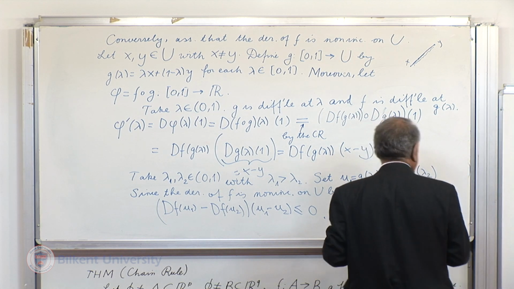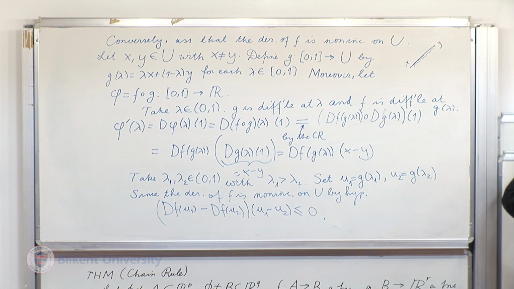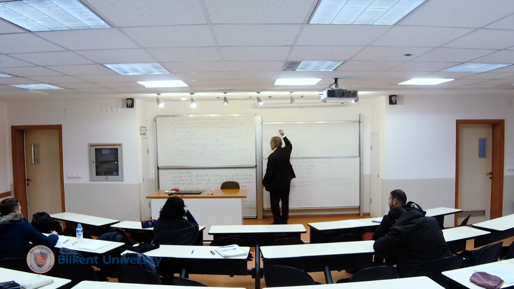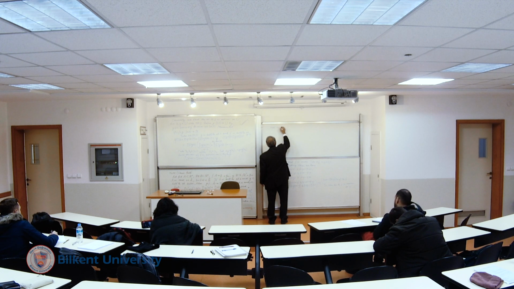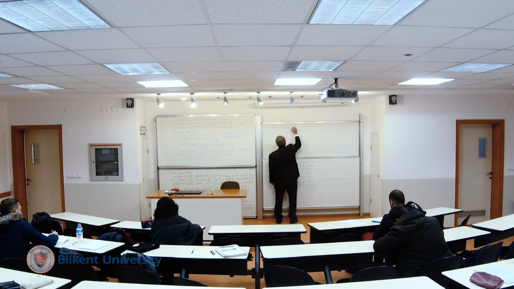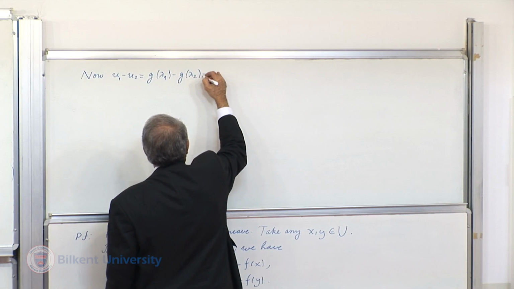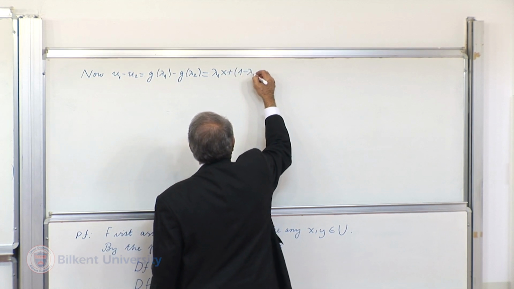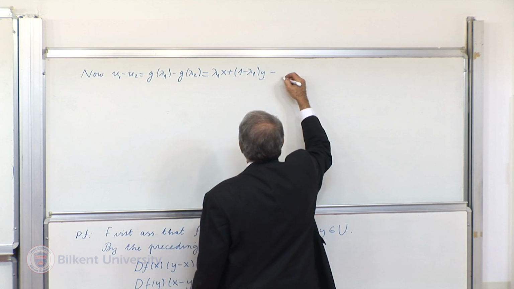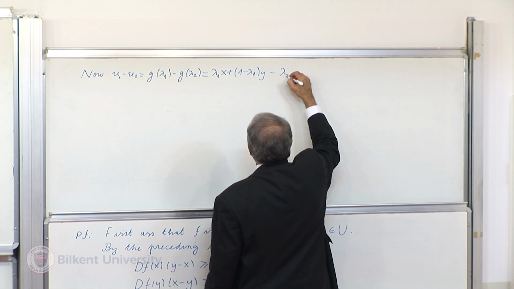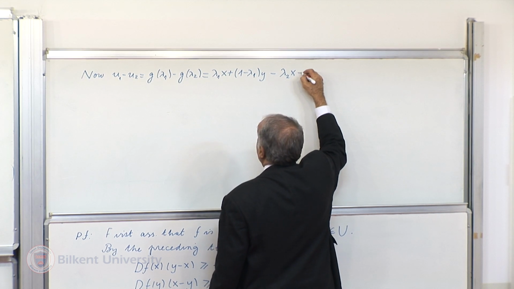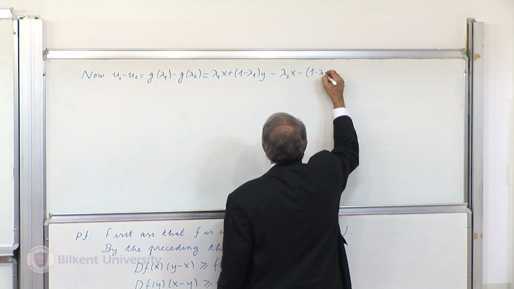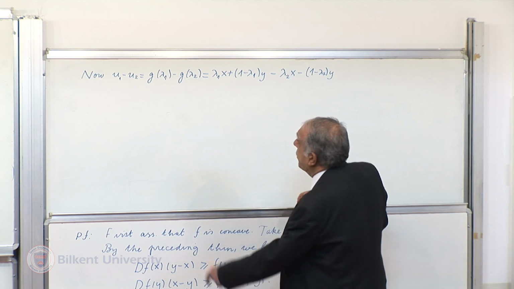Now, what's U1 minus U2? This is g of lambda 1 minus g of lambda 2, but that's lambda 1 x plus 1 minus lambda 1 y minus lambda 2 x minus 1 minus lambda 2 y, by definition of g.